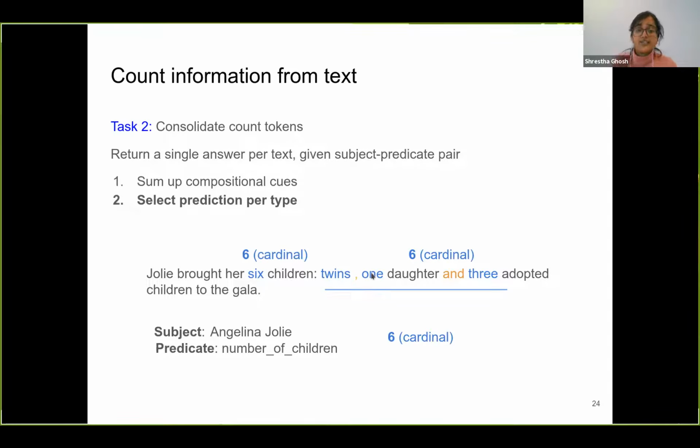Next, we select prediction per type. So we introduce the different types of counts that can occur: cardinals, number-related terms, the articles, and so on. Here we see that we have 2 predictions, and both are of the type cardinal. So we select one of them, which has the highest score.